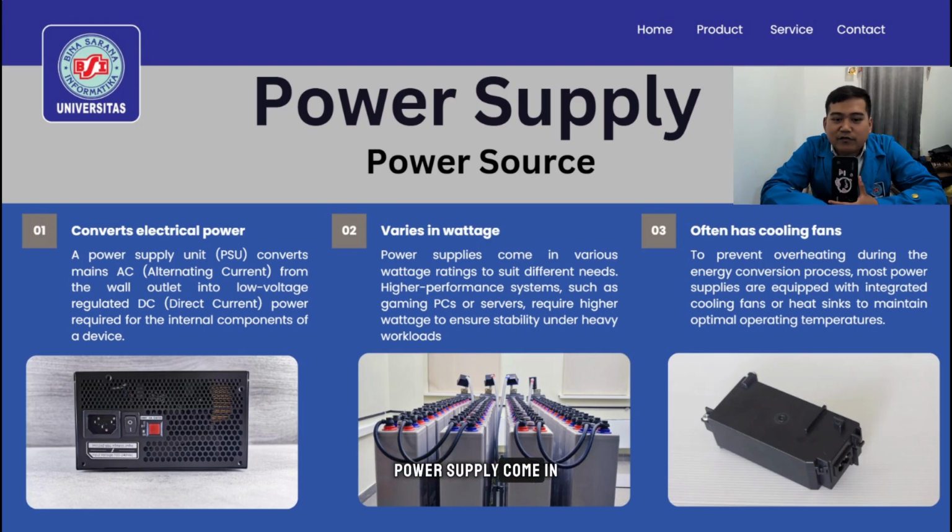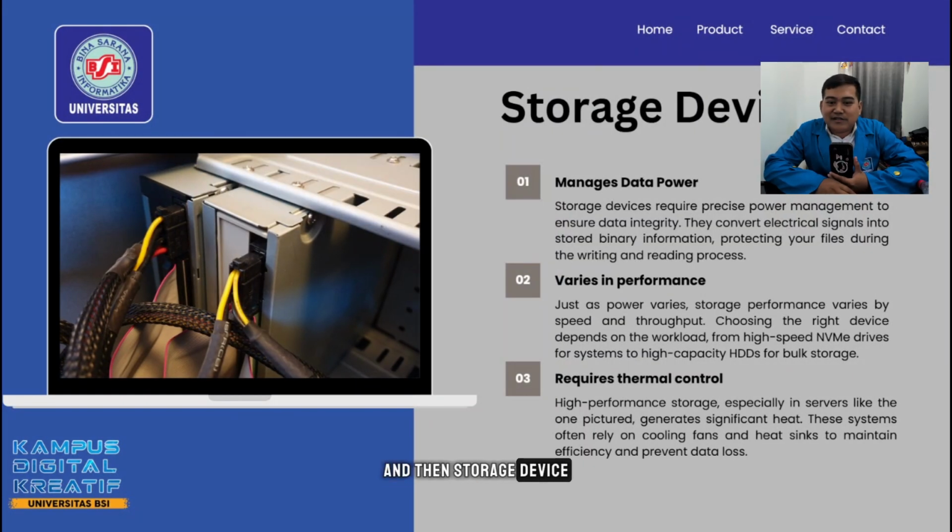Power supplies come in various wattages to suit different needs. Higher performance systems such as gaming PCs or servers require higher wattage to ensure stability under heavy workload. To prevent overheating during the energy conversion process, most power supplies are equipped with integrated cooling fans or heatsinks to maintain optimal operating temperature.